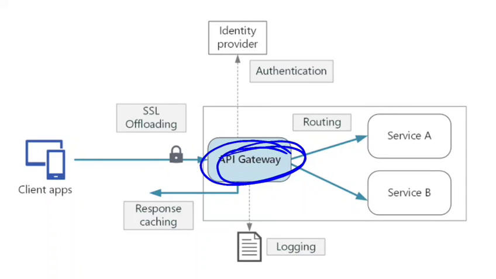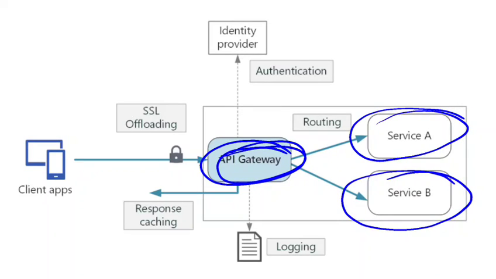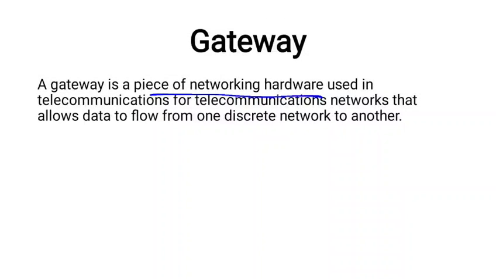This gateway helps us distribute information from service A, service B, and many more services. It directly connects multiple source devices and multiple services A and B through the gateway. The gateway is always used in telecommunication whenever we are connecting multiple mobile systems and devices to each other in a communication.